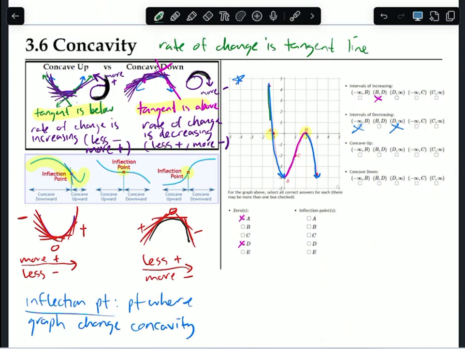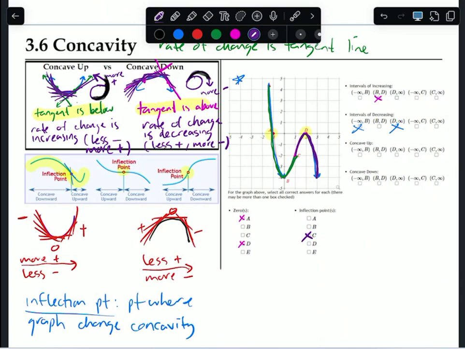The graph is concave up from here to somewhere between B and D. It changes from being concave up to being concave down, and if you eyeball this, that looks to happen right at point C. If you're being asked to locate it with a number, give your best guess. There's going to be some tolerance level that allows you to make some guesses or be close to it.